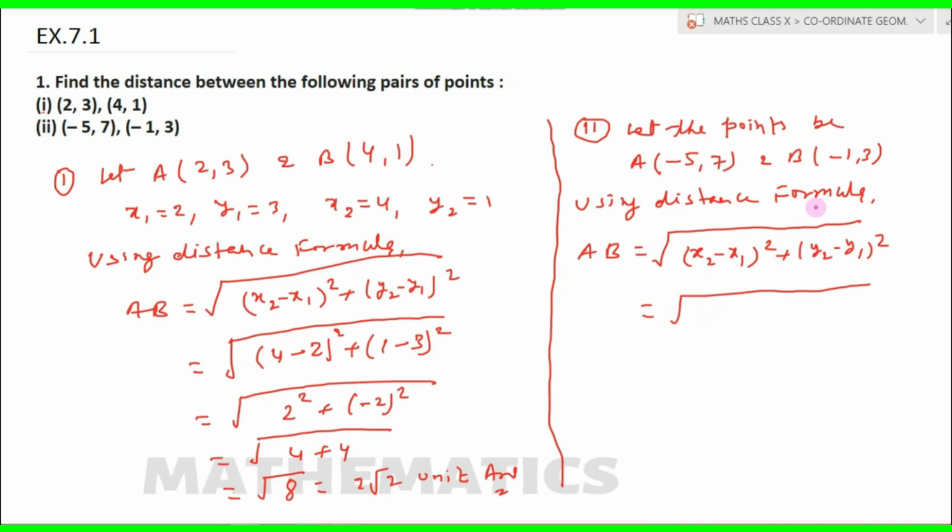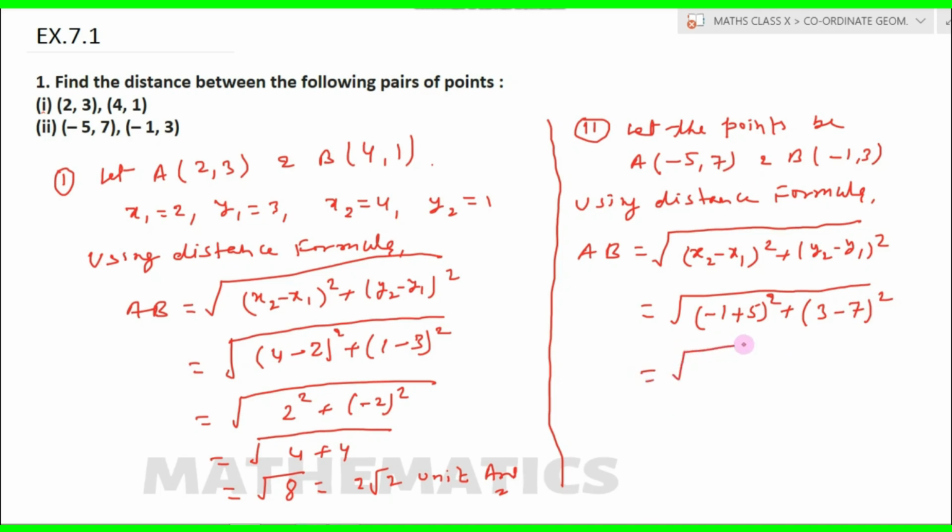So x2 is minus 1, so minus 1 minus x1, which is minus 5, so minus 1 becomes plus 5, whole square, plus y2 is 3 minus y1 is 7, whole square.